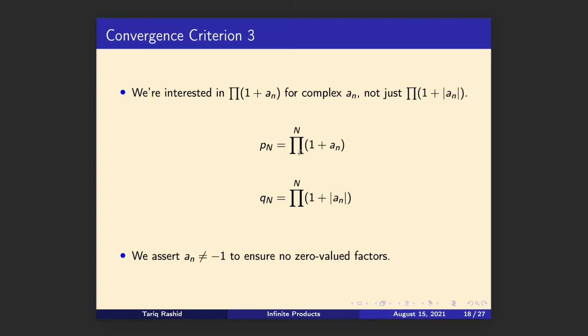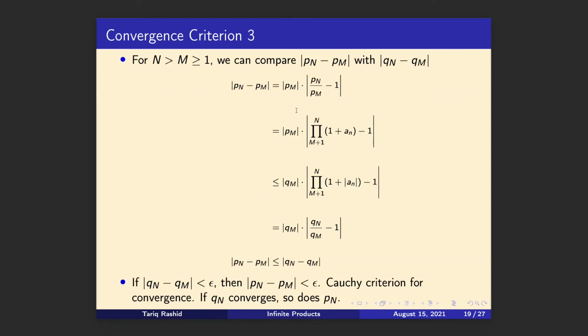So let's define two partial products, Pn, where we're using the complex value an, and Qn, where we're using the absolute value. And we're going to compare them, and we're going to say that an is not -1, otherwise that would be 0. So we want to avoid the 0 valued factors. Now we're going to do a little bit of algebra.